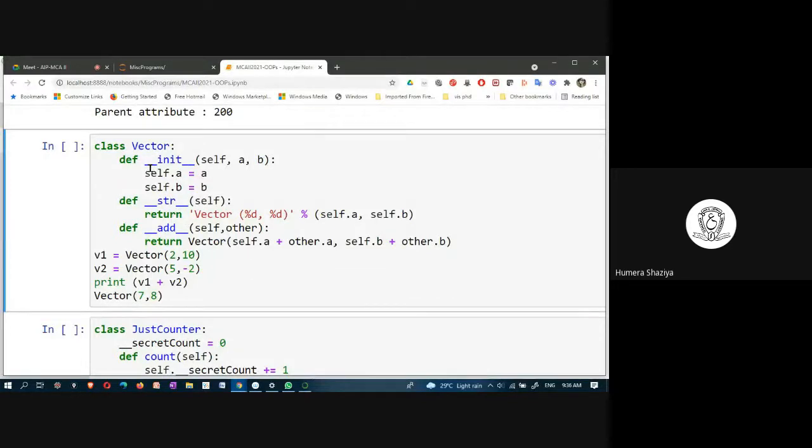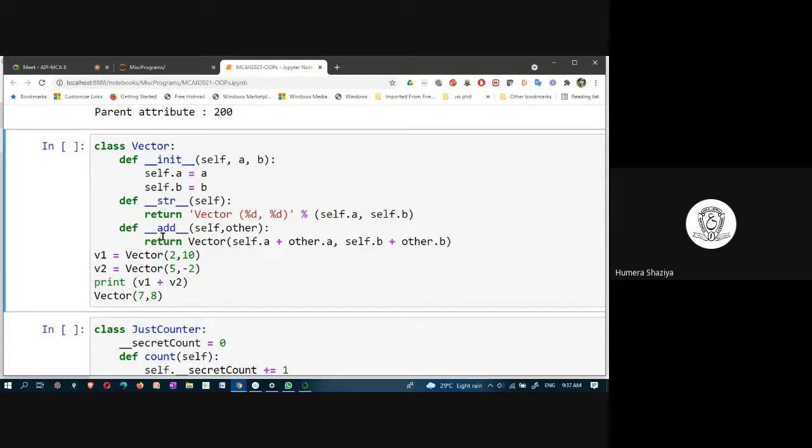This is a Vector class that implements operator overloading. Primarily, the plus operator is for adding primitive types, which includes integers. If a plus operator is made to add two objects, it has to be overloaded by using this add method.